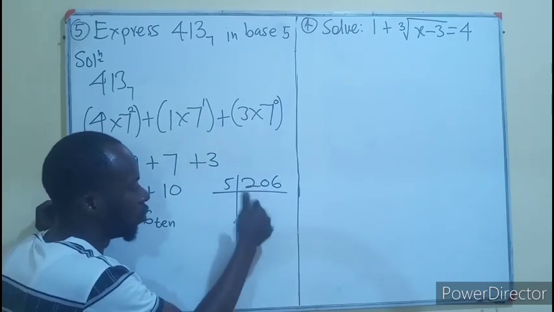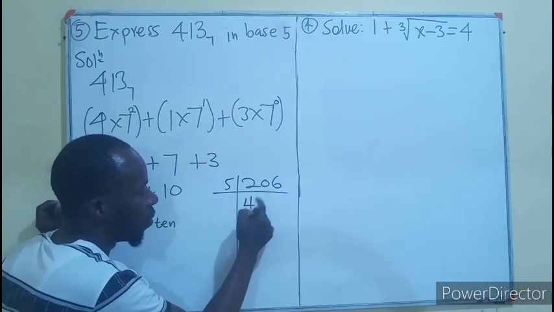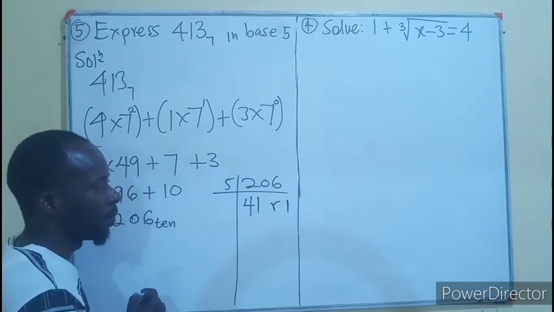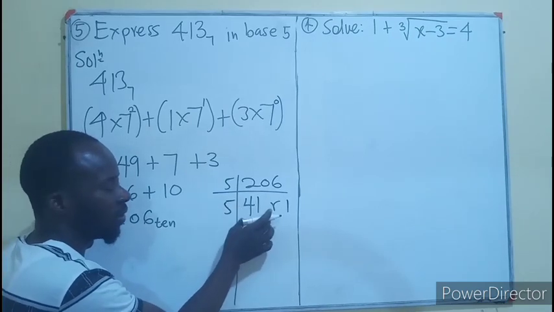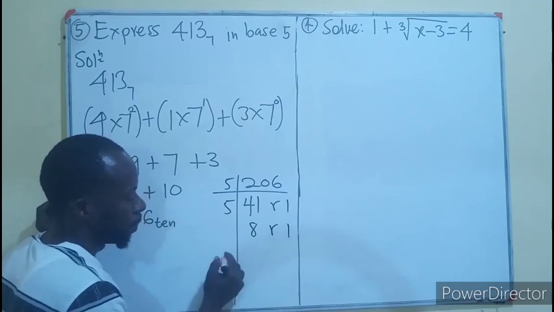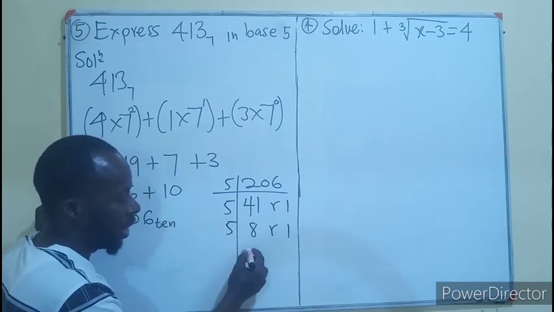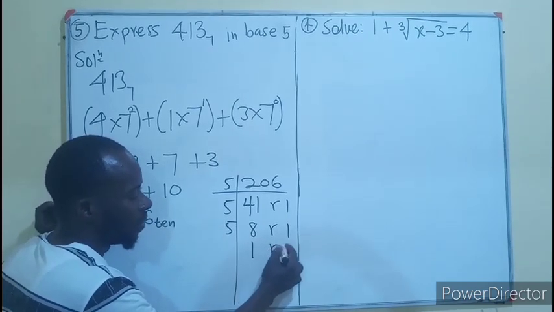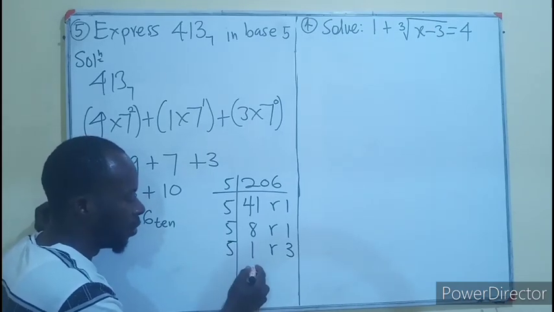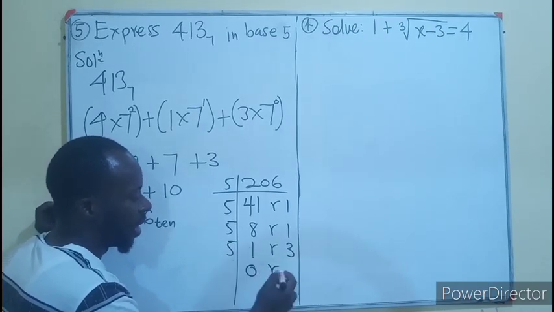So 5 will go into 20, that will be 4 times, into 6, 1 times with a remainder of 1. 5 again will split 41, 8 times with a remainder of 1. 5 will go into 8 1 times with a remainder of 3, and 5 going into 1, that will be 0, still with a remainder of 1.